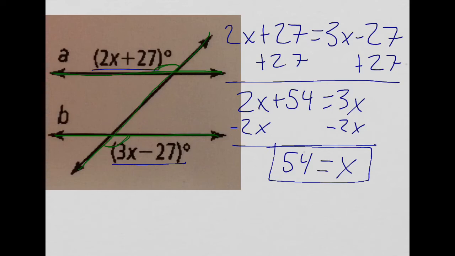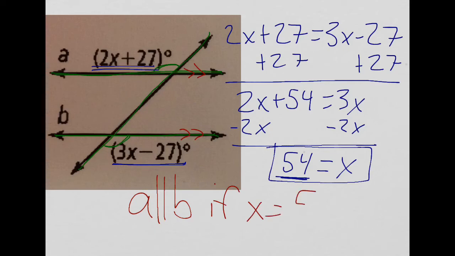So when x is equal to 54, then my angle measures are equal, which means that my alternate exterior angles are congruent. So by the converse of the alternate exterior angles theorem, A is parallel to B. A is parallel to B if x equals 54.